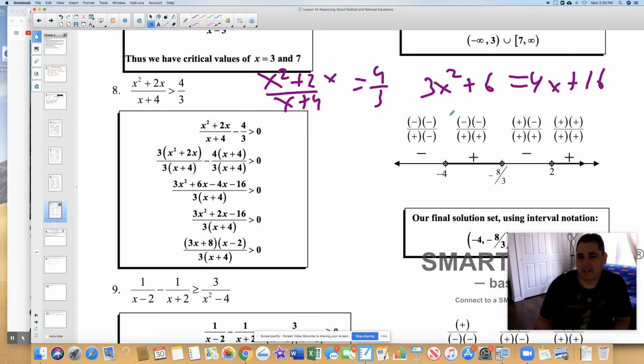Bring everything to one side. It looks like you have to factor. That's what you get on top here. You get 3x squared minus, this was x squared plus 2x. This is a 6x. Bring the 4x over to the other side.